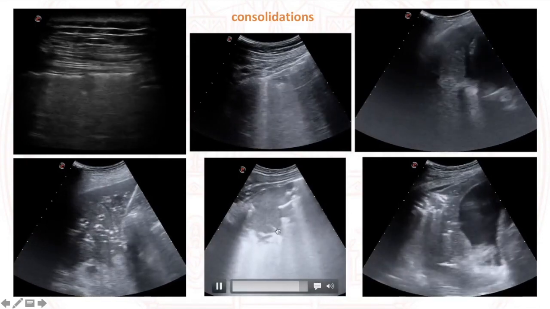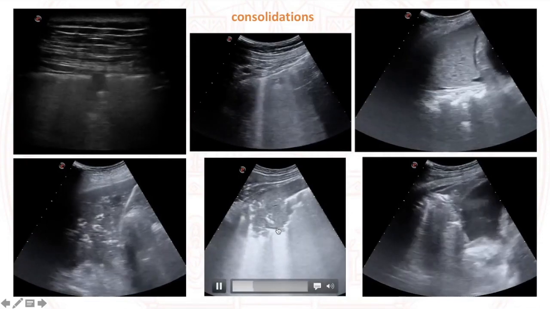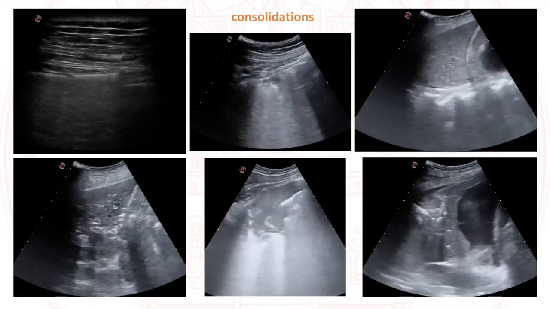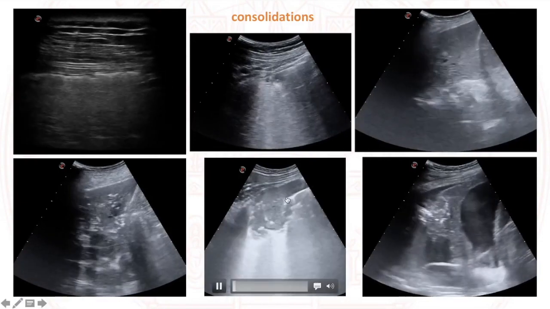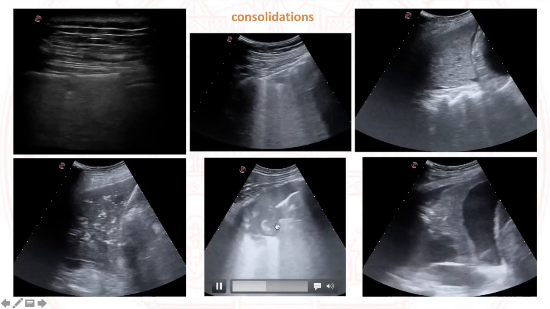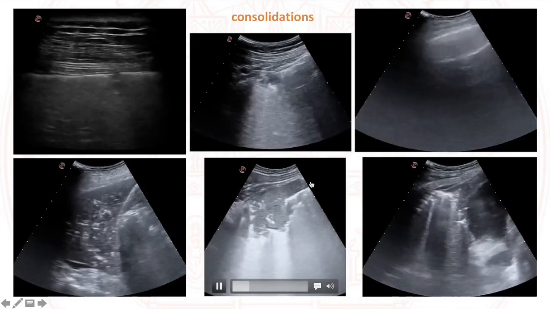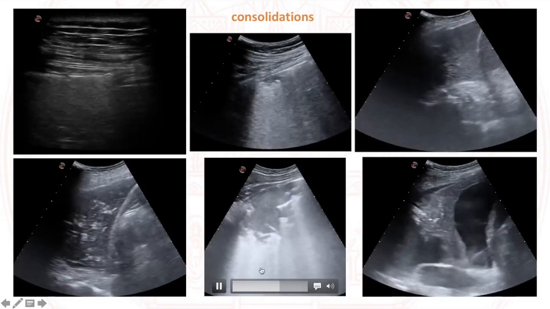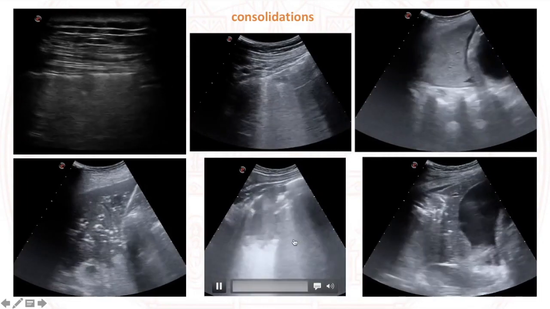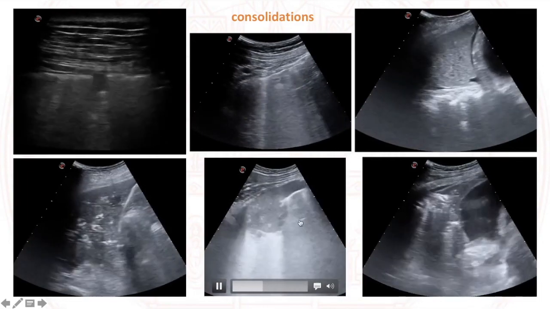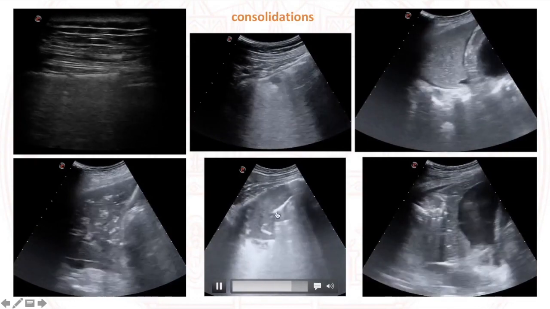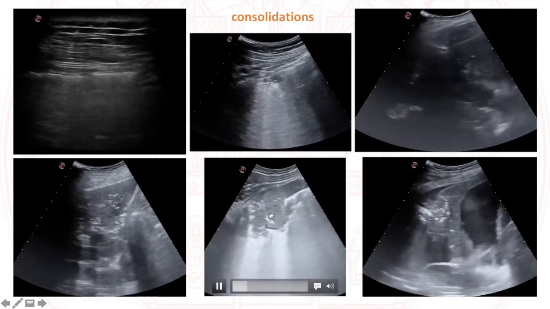To demonstrate that the interstitial syndrome is a spectrum, you see here a consolidation, quite well defined, but at the periphery of these consolidations you have B lines arising. That means that the lung parenchyma here is compressed and inflamed. At some point it becomes consolidated.